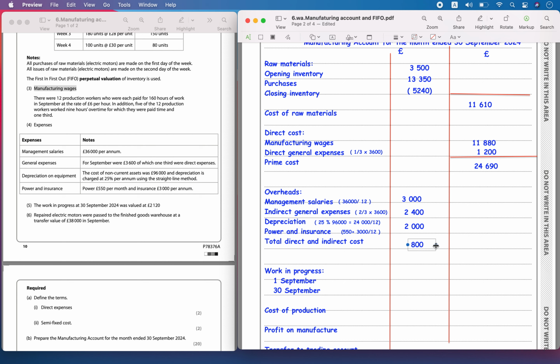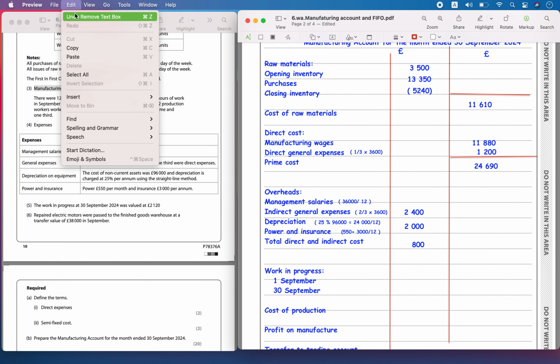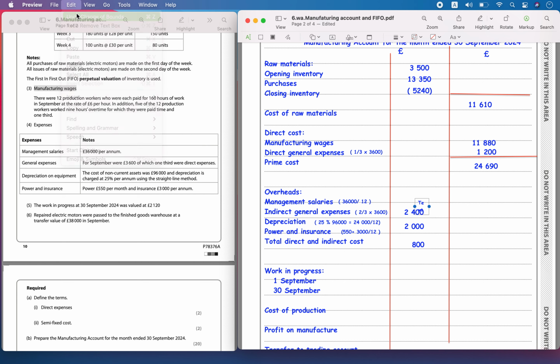Now let's add up all the indirect costs or the overheads. So 3,000 plus 2,400 plus 2,000 plus 800. So it is going to be equal to 8,200. Now we have to include work in progress.